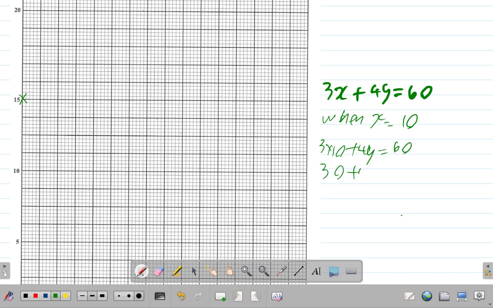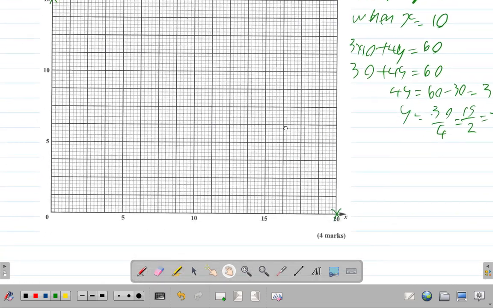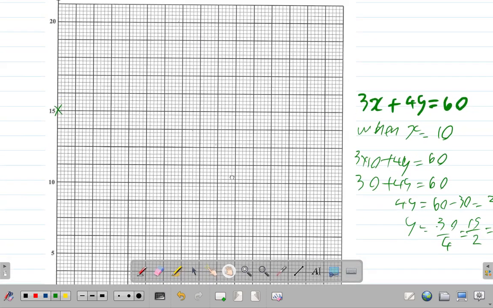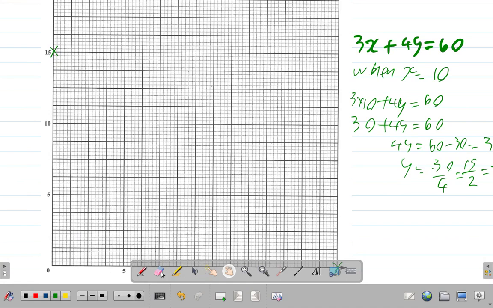That's 30 plus 4y equals 60. 4y is 60 minus 30, which is 30. So y equals 30 over 4, that's 15 over 2. That's 7.5. Alright, so x equals 10, y equals 7.5. So we're going to plot 10, 7.5.